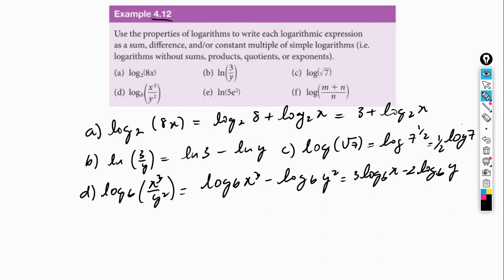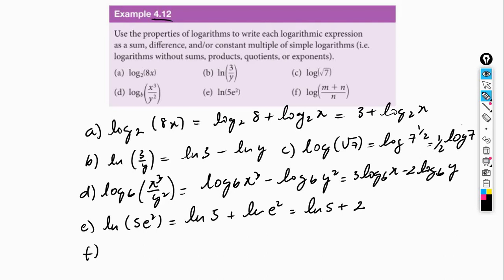Then we have letter E, where we have natural logarithm of 5e squared. So we can separate into sums: natural logarithm of 5 plus natural logarithm of e squared. And this is the same as natural logarithm of 5 plus 2. And then finally, we have F: log of m plus n over n.